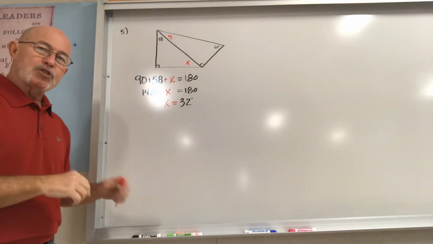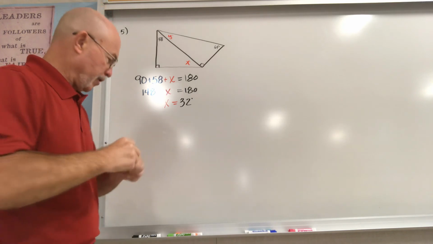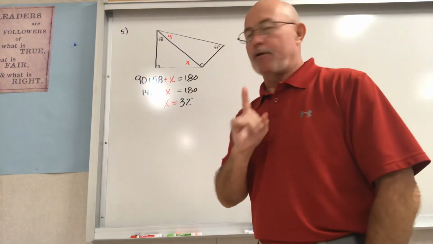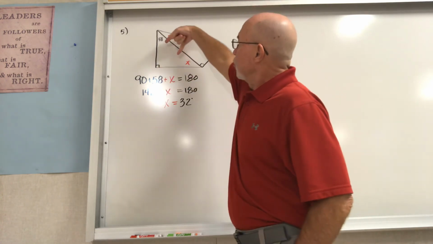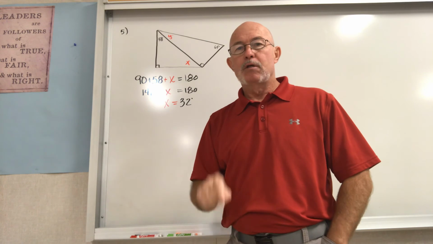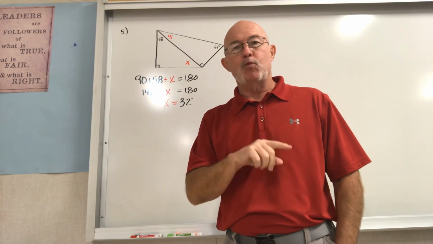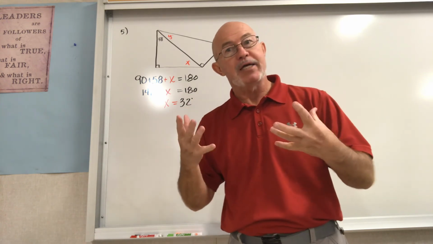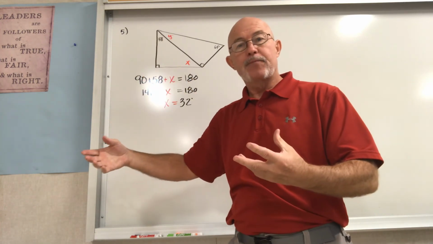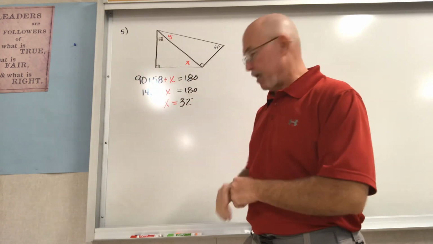I also want you to understand this real quick. When you have a right triangle, the two angles that are not the right angle always have to add up to 90 degrees because 90 plus 90 is 180. You've already got the 90.